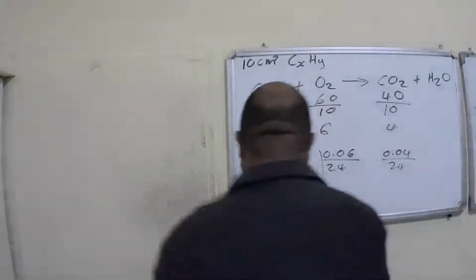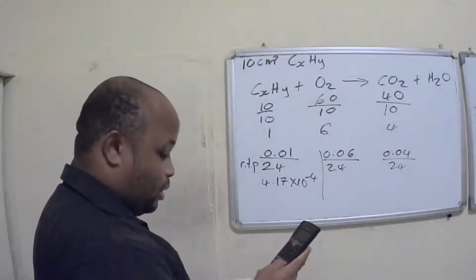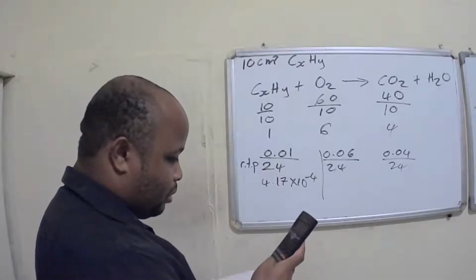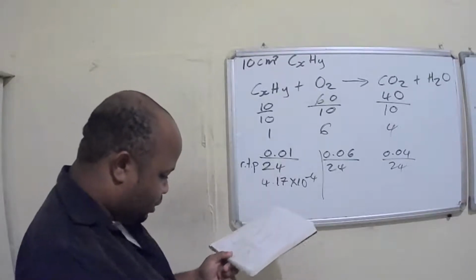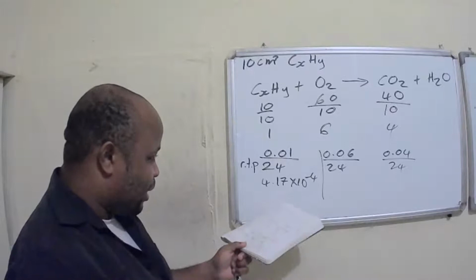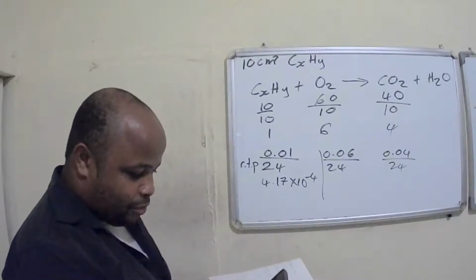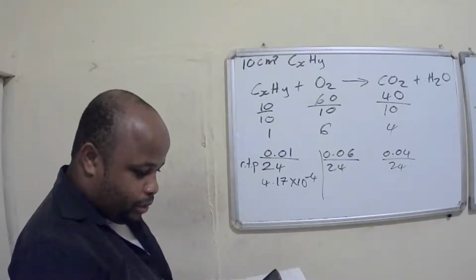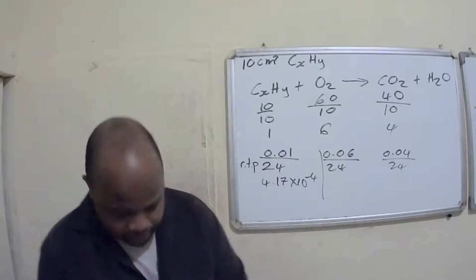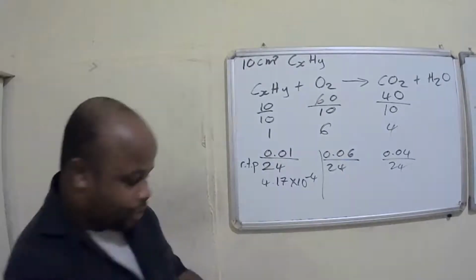Alright, let's do this. So 0.01 divided by 24, right? 4.17 times 10 to the minus 4. 0.06 divided by 24, 2.5 times 10 to the minus 3.